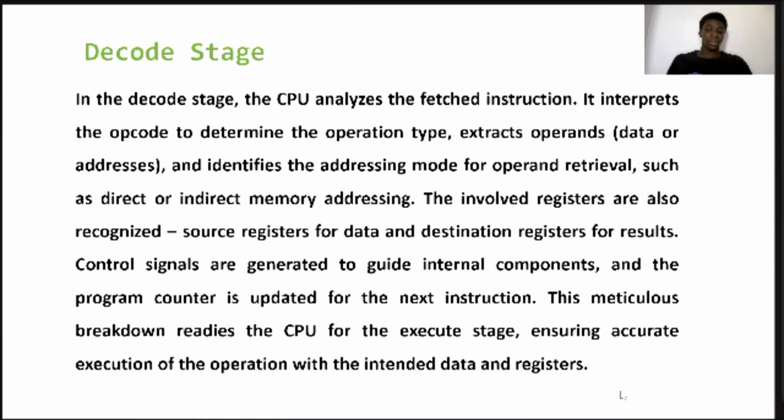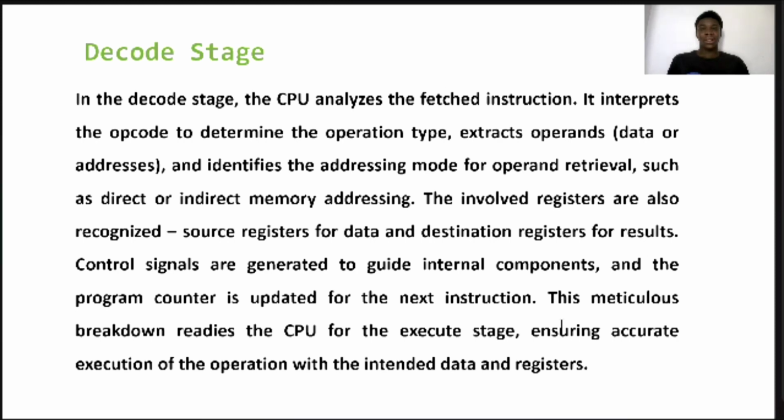So at this stage, the CU, or the CPU, uses the instructions that were copied onto the instruction register, the IR. This is where the CPU decodes the instruction.